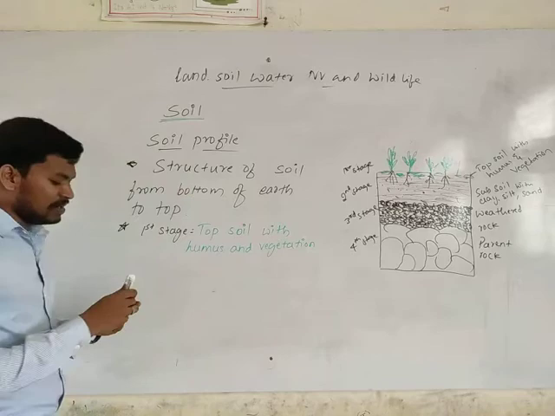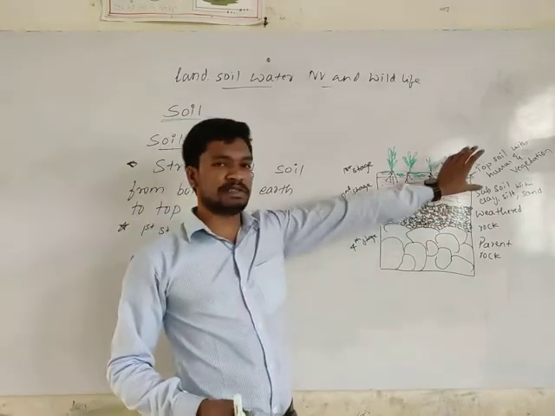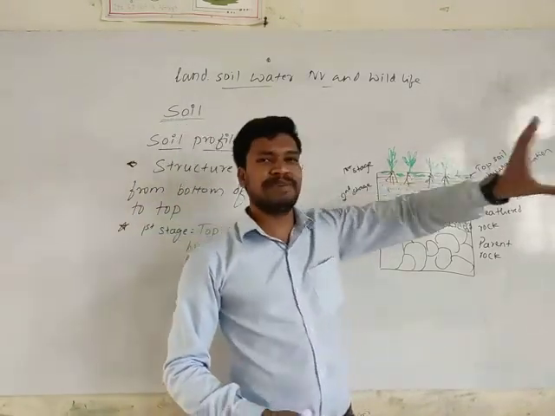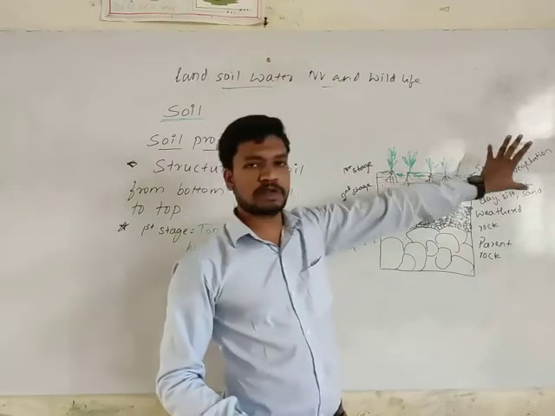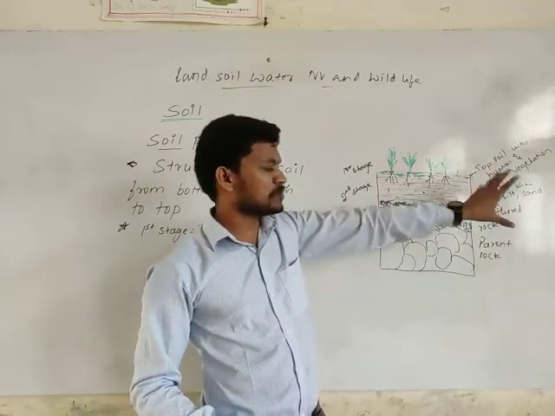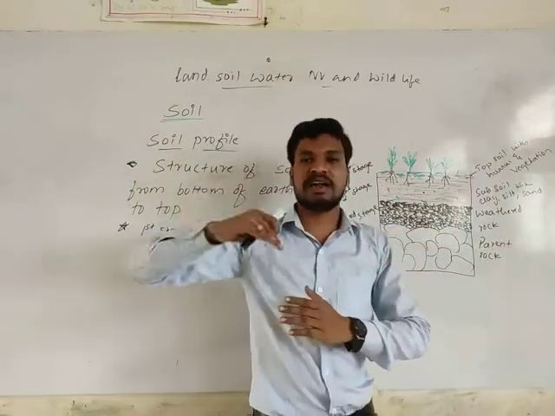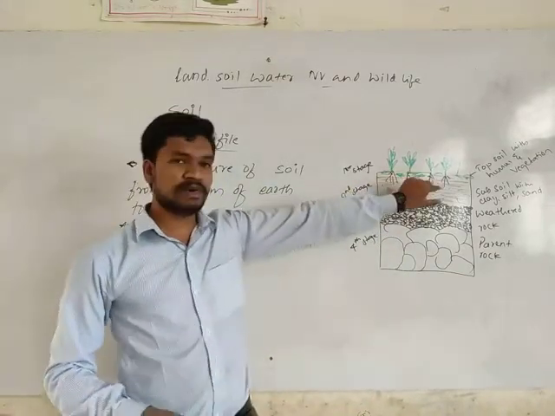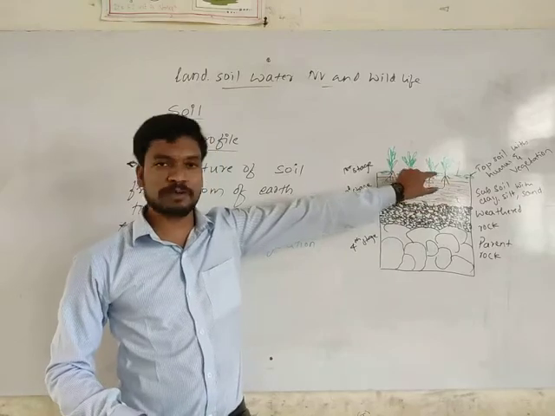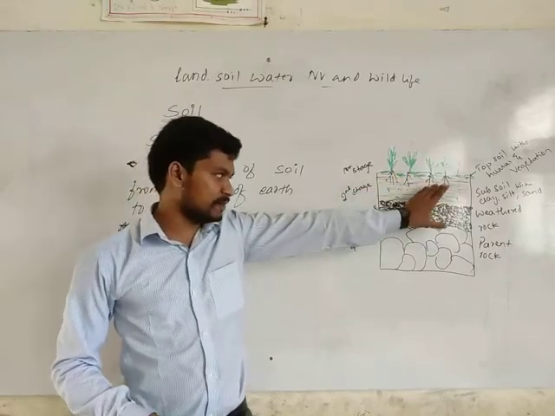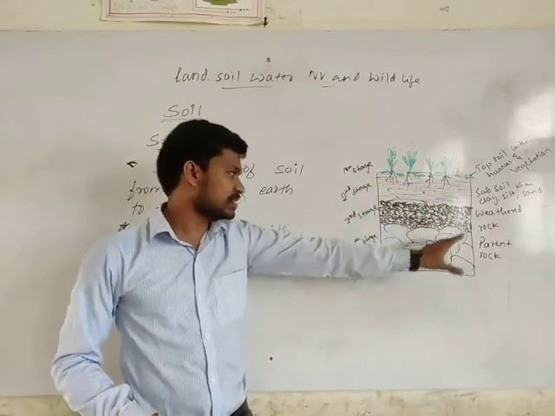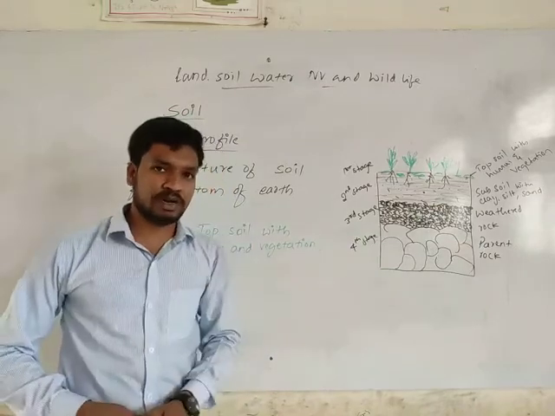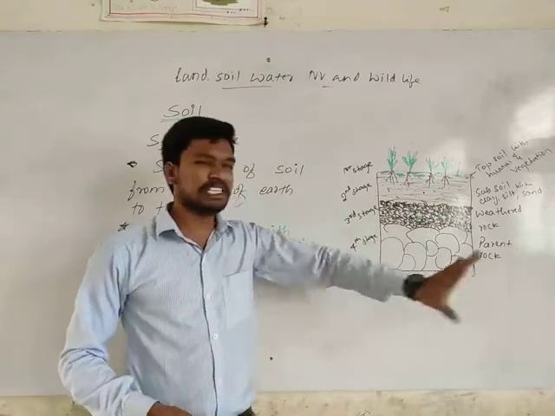This topsoil has more humus in it. Fertility is more in this topsoil. Why? Because this topsoil is the last stage or last level of soil formation. It's exactly where we get soil. And if you go towards the third stage, fourth stage or second stage, you don't get soil over there exactly. You will get some pieces of rocks, that's it.